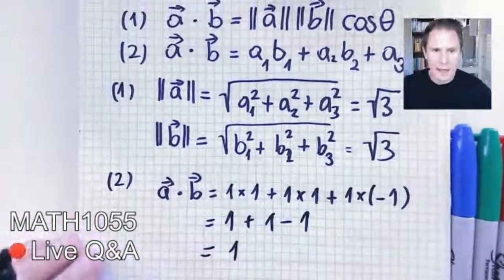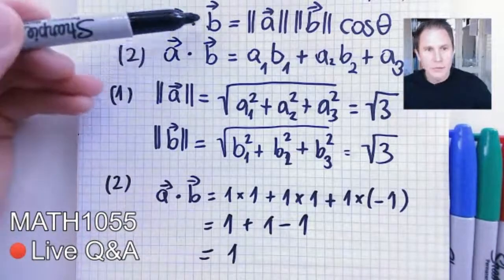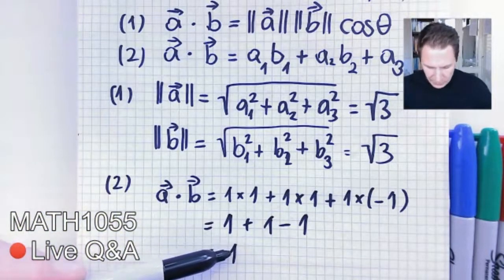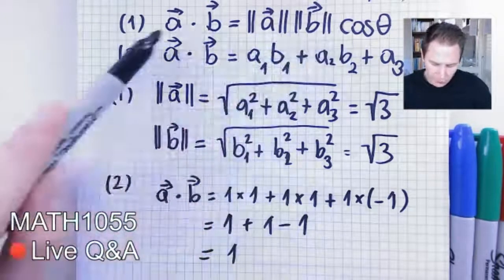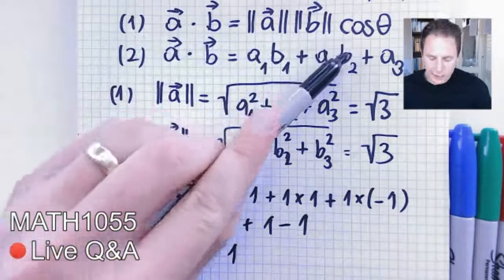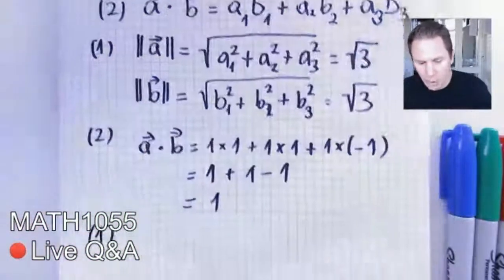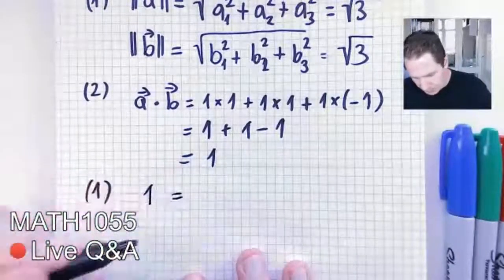Okay, so now we have the scalar product itself. So the left-hand side of these equations is just 1, as we have found. And we have almost everything on the right-hand side of the first formula, except for the cosine of theta. So now, if I want to write down formula 1, I would write that the scalar product is equal to 1.